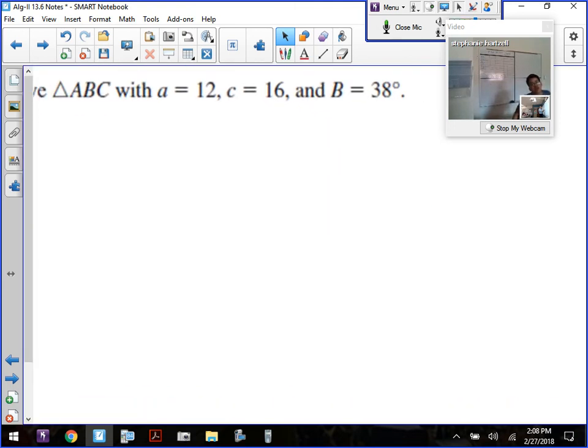So we have triangle ABC, and we have little a is 12, little c is 16, and angle B is 38. What do you think the first thing I'm going to do is? Draw a triangle, exactly.